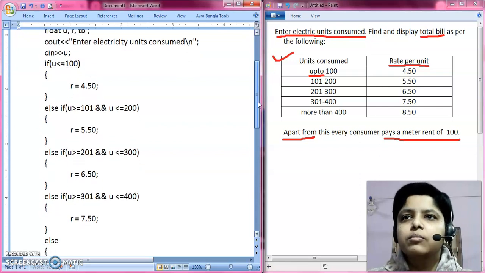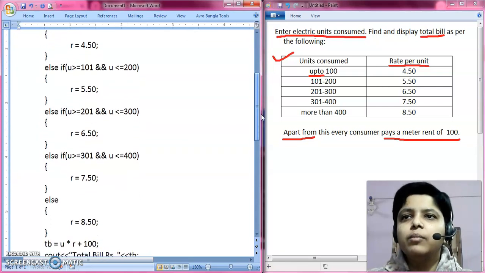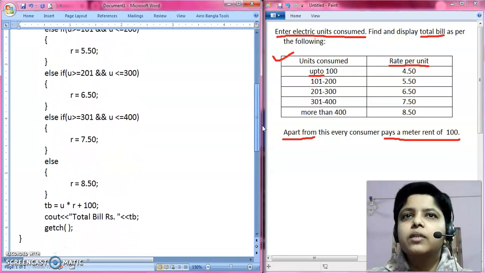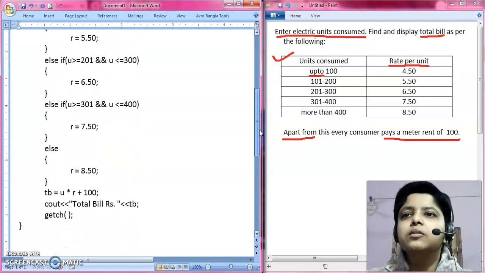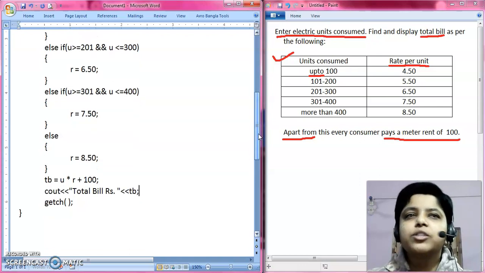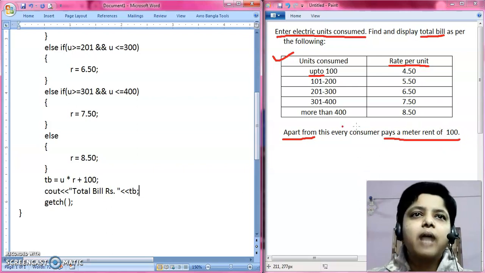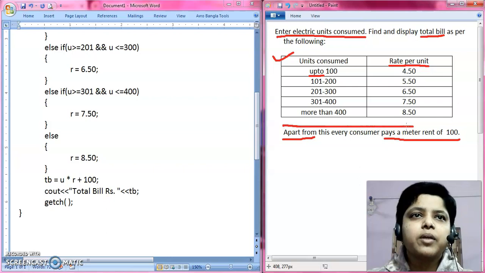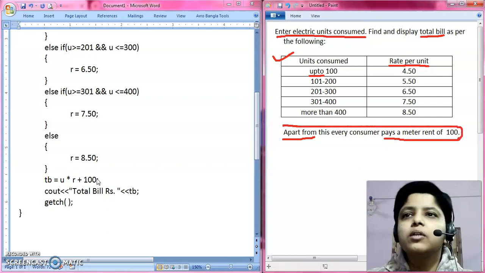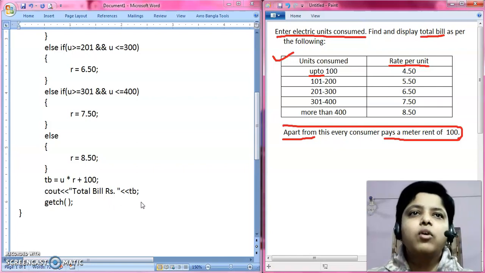After completion of the slabs, you calculate the total bill as units consumed multiplied by the rate per unit, and if the question gives a meter rent as extra, then you have to add plus 100. If the question does not have this statement, the very last statement, then you don't need to add this plus 100. Then after that you will print the total bill. That's all for this program.